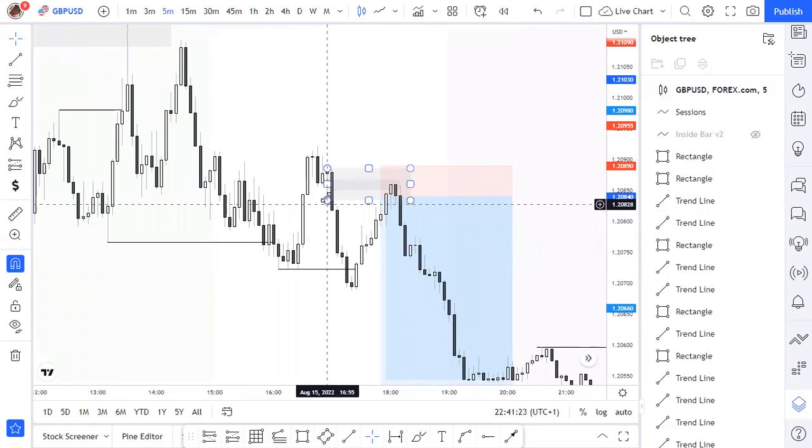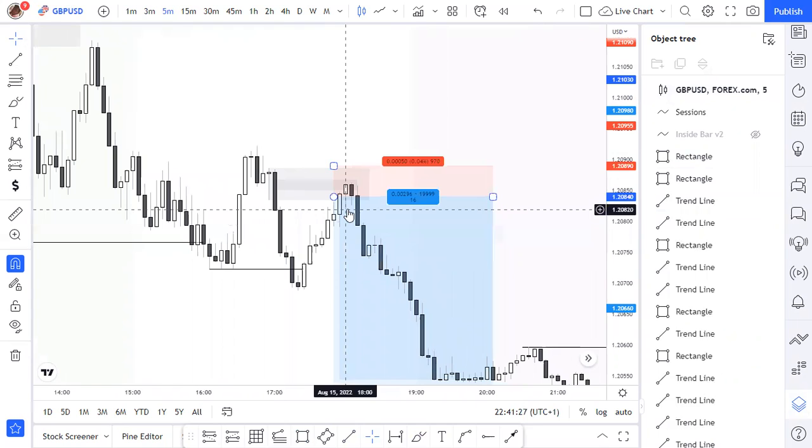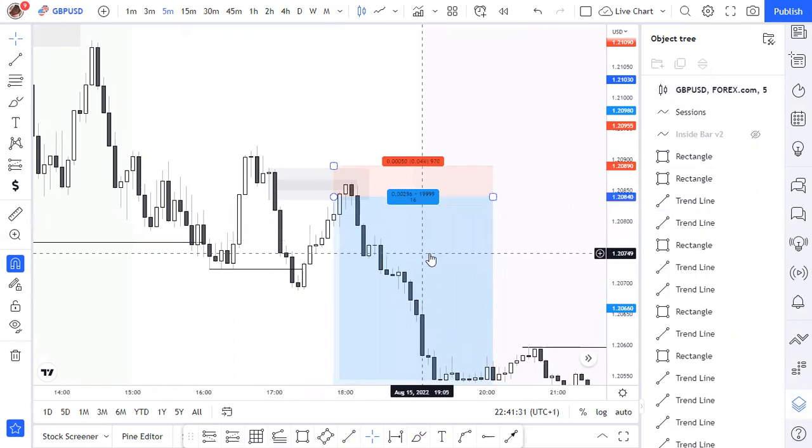So we had this 5 minute engulfed candle, and that's what I normally use as my refined zones. So that's where I set my limits.